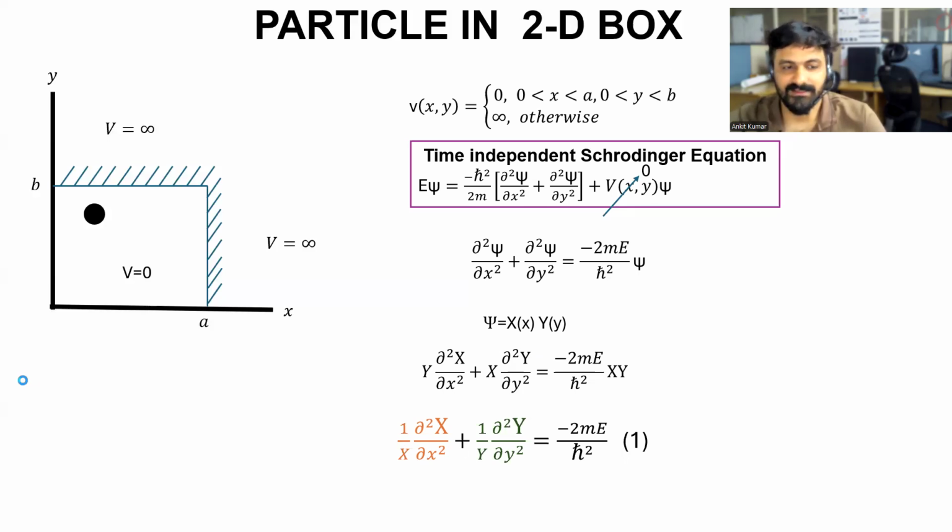You can see that since the first term depends only on x and the second term depends only on y, both of these terms must independently equal a constant. So I set the first term, which is a function of x only, equal to minus kx squared, and the second term equal to minus ky squared.